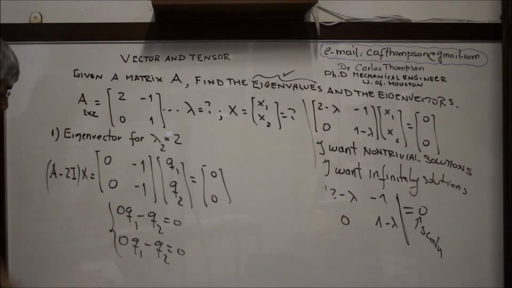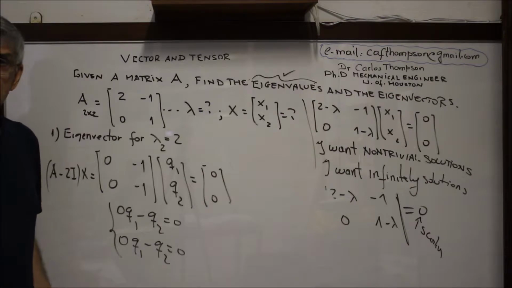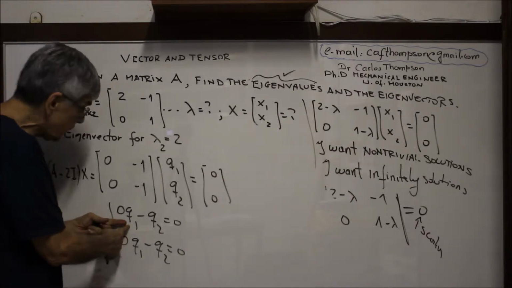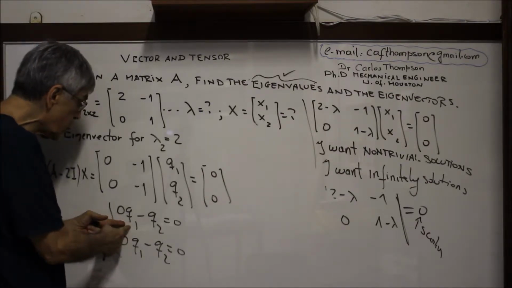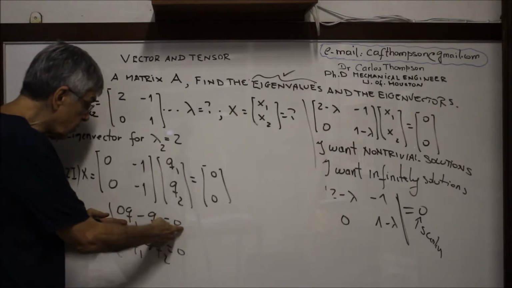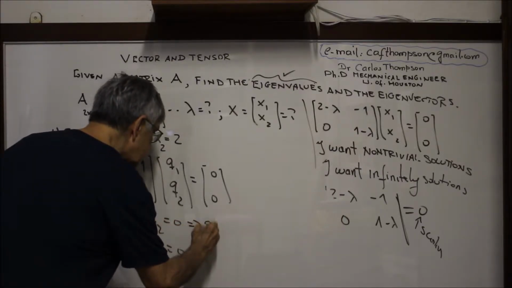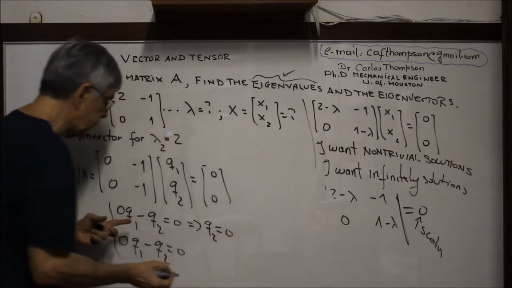Look, q1 can be any value. For instance, q1 is equal to 1,000. 0 times 1,000 minus q2 is equal to 0, so this implies that q2 has to be 0.